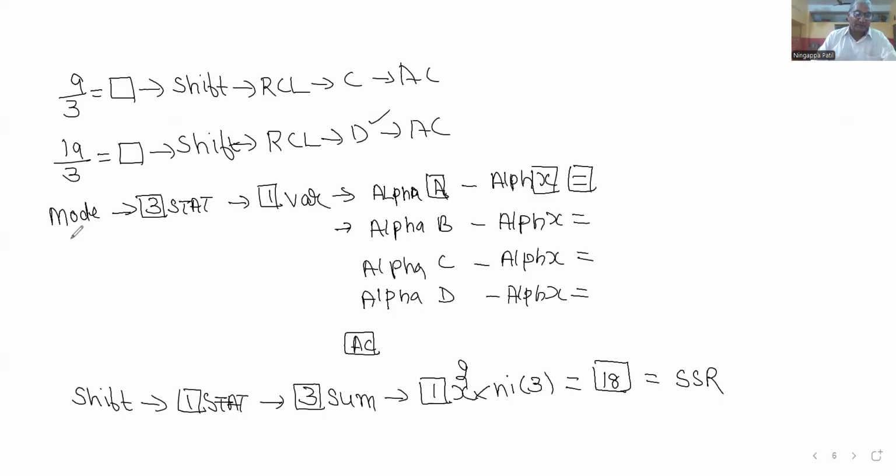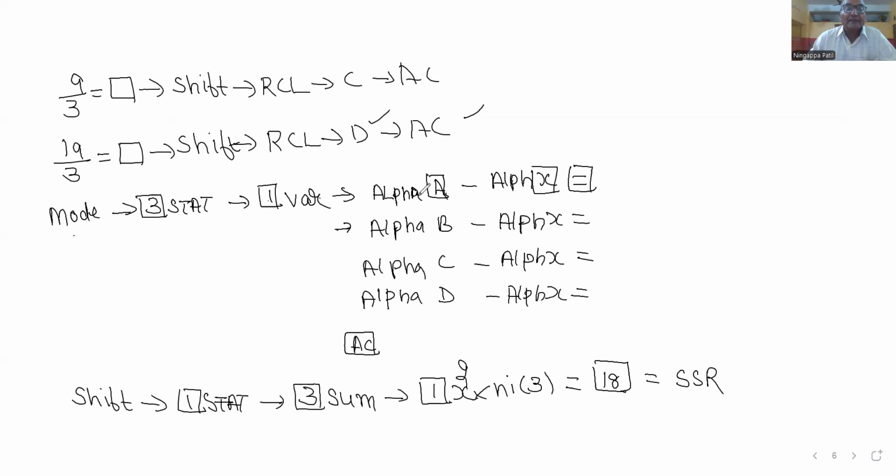Now, look here, my dear students, very important. After pressing AC, you press the mode button and the third button, that is the stat mode, and then 1, that is 1-variable. A window with a column opens.